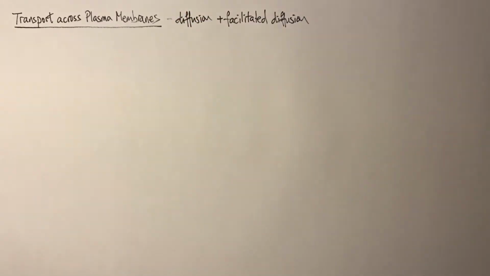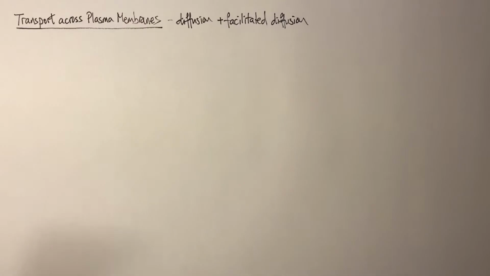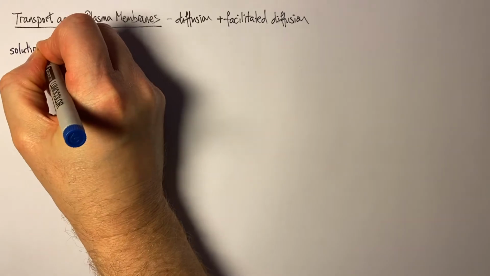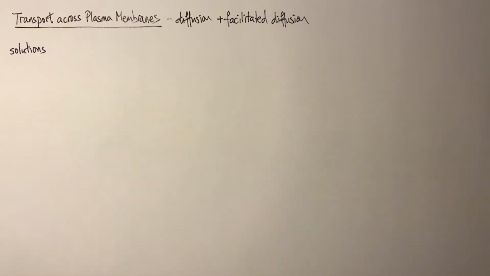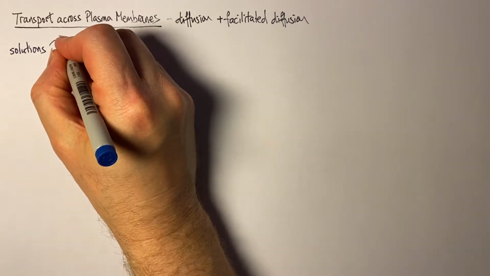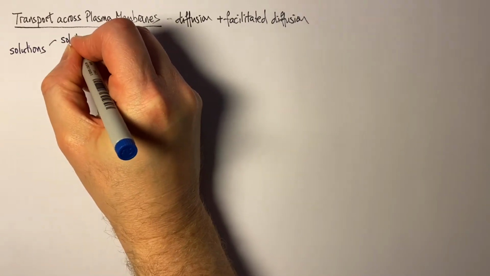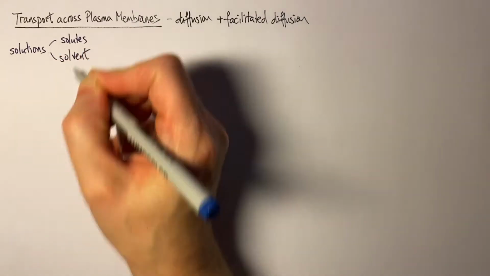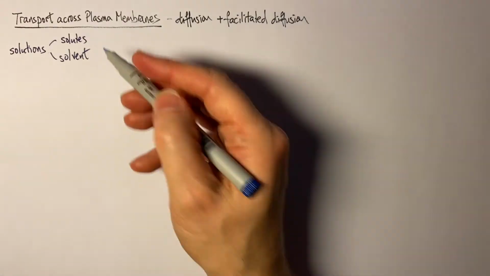Now, before we go any further, we need to have a little think about some background information. One important point that we need to think about are solutions. So solutions are mixtures of two substances, solutes and solvents, and usually just one solvent.